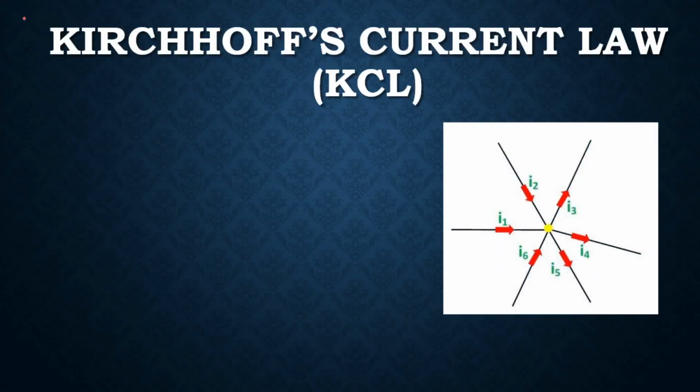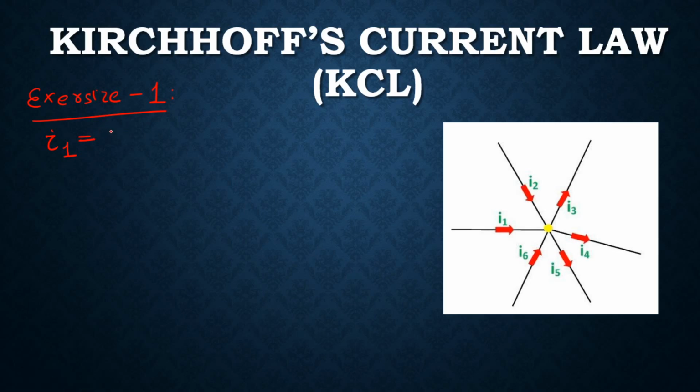So I hope the concept is clear now. I am giving one exercise, and let me know the answer in the comment box below, and the best answer will get a nice reply from me. So this is the first exercise. I am giving you 5 currents and you have to tell me what will be the sixth unknown value of the current.